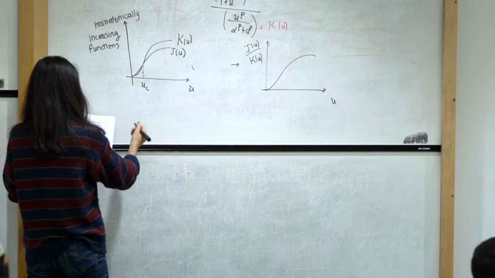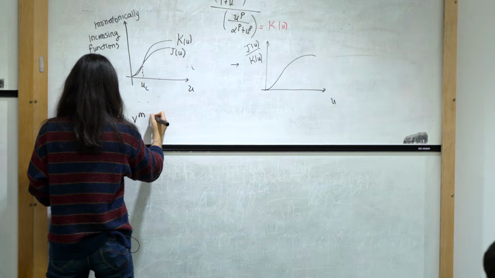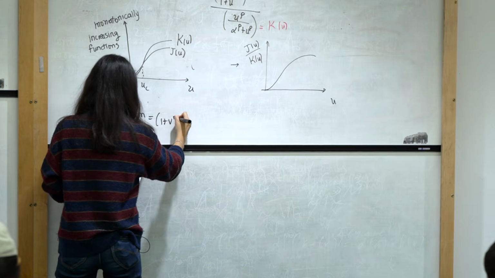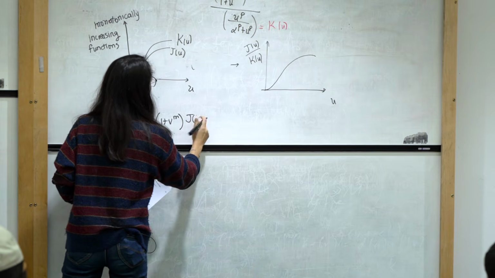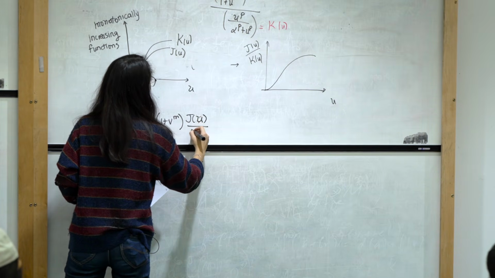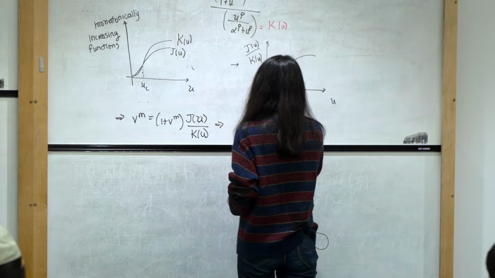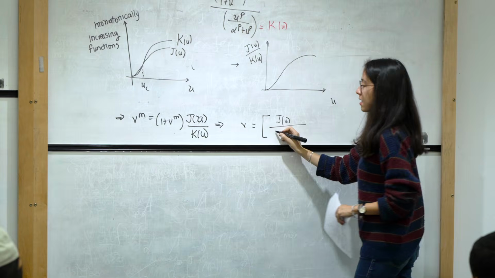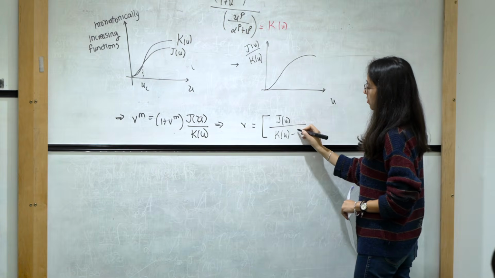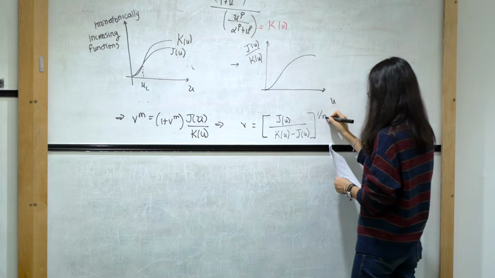I'm not going to write every single step, but basically from rearranging, you get 1 plus v to the m, j of u divided by k of u, and then this gives me v is j divided by the difference between these two functions raised to the power of 1 over m.